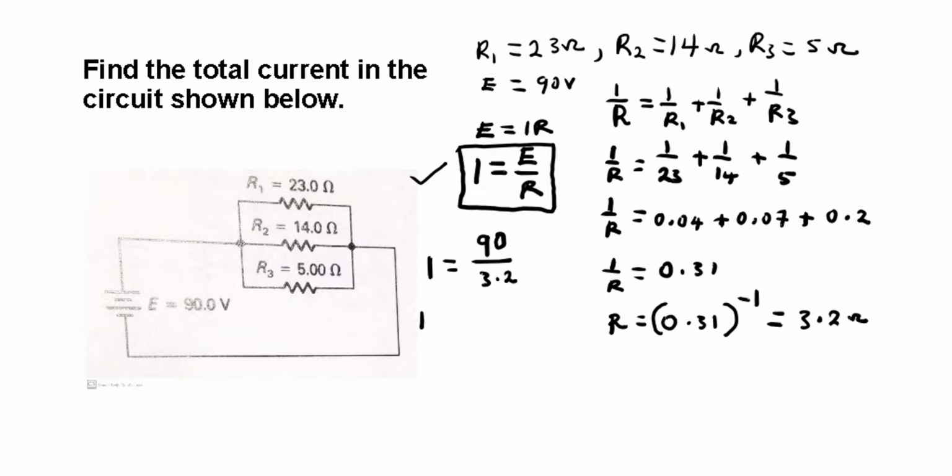So the current is 90 divided by 3.2, which will give us 28 amperes. That is the total current in the circuit.